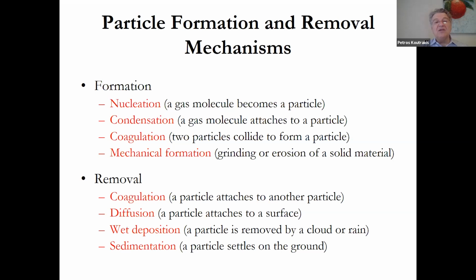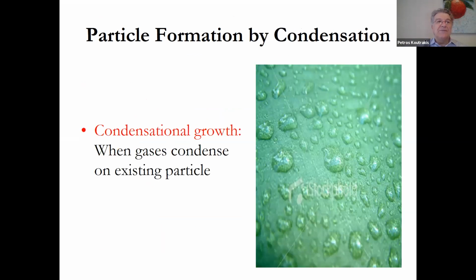And sedimentation is basically particles settling because of gravity. For particles above 2 microns, gravitational forces are important and sedimentation is a main mechanism, whereas for small particles, sedimentation is not as efficient because they're too light.